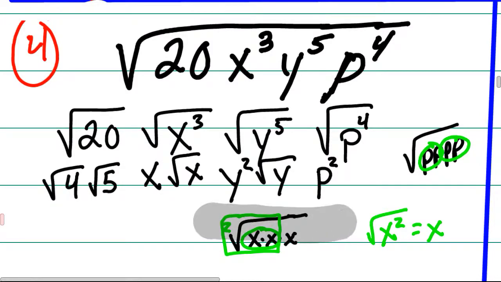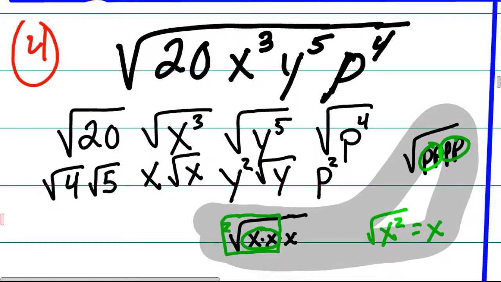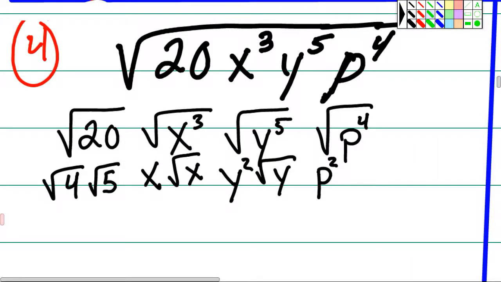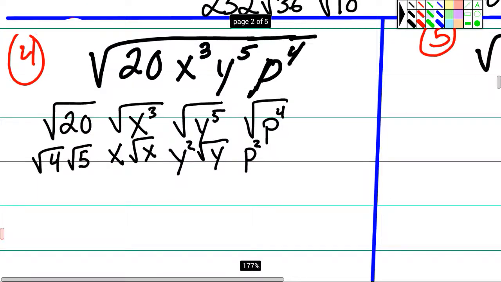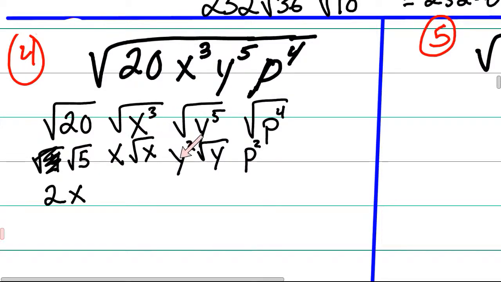Alright, and then clean this up a little bit. So I know what the square root of 4 is. That's just a 2. So I'm done with that. Then I get everything on the outside together. So I have an x on the outside that came from right here. I have a y squared on the outside. I have a p squared on the outside.